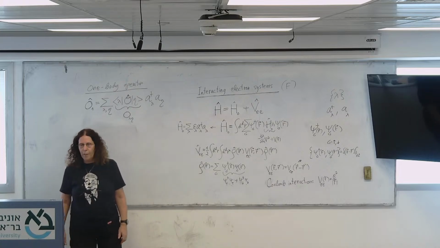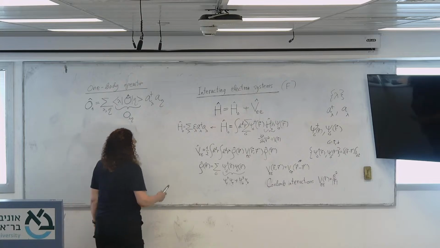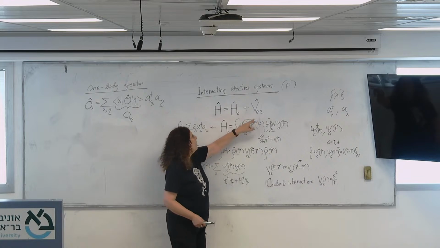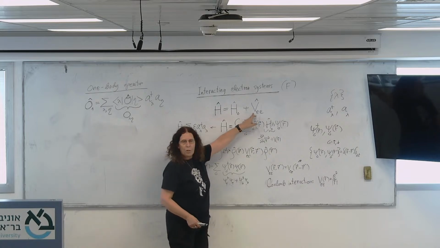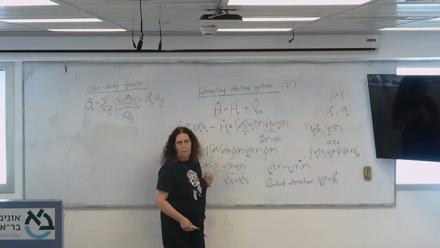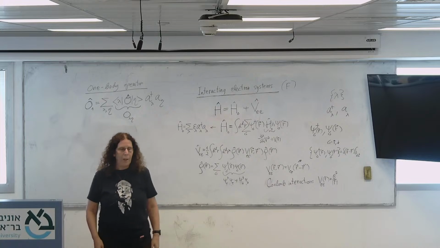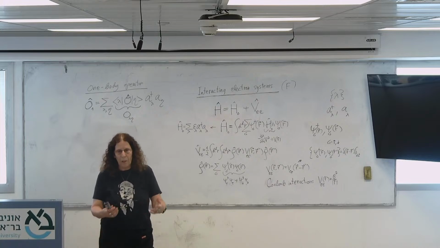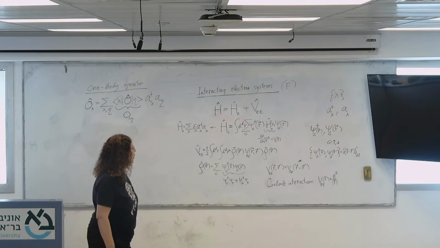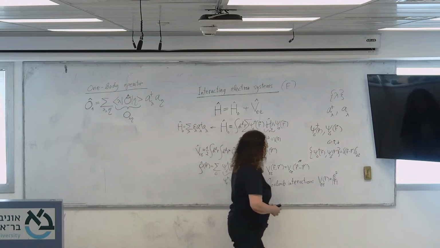You can solve it, but then if you want to do perturbation theory on the interaction, then you better write the interaction also in the same basis which you use for the H naught. Okay? And then you can do perturbation theory and we'll see how we do it. We'll make approximations, but first we want to find the quantum numbers of H naught.